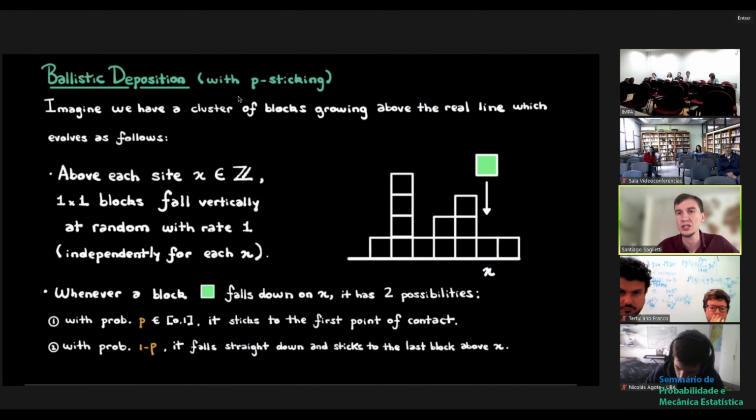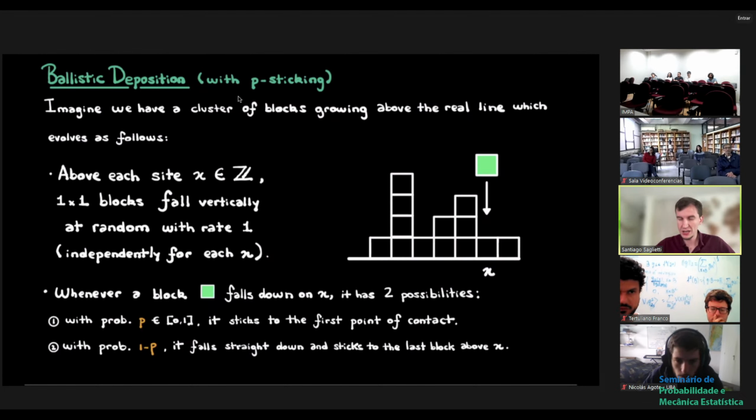So for each site x, I have a Poisson process, independent for different values of x, with rate 1, and each time the Poisson process rings, a block falls down on top of x.